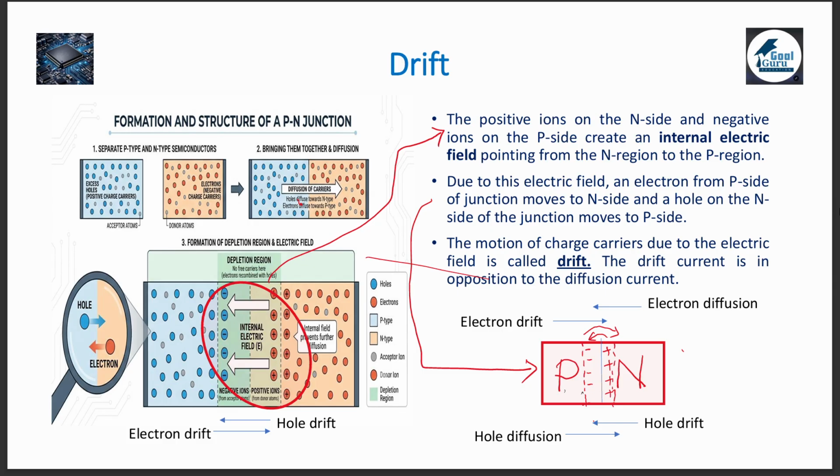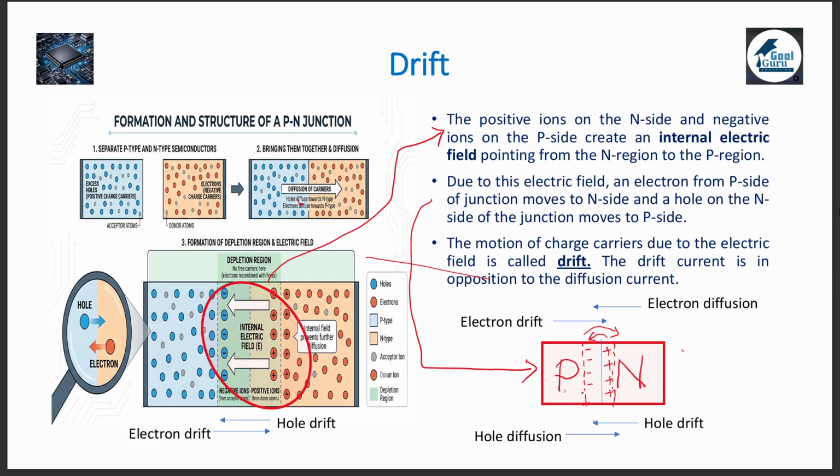Diffusion means when PN junction are joined, because of the concentration gradient, there is diffusion of holes from the p side to the n side and electrons from the n side to the p side. But what is drift? The motion of the charge carriers due to the electric field created is called drift.